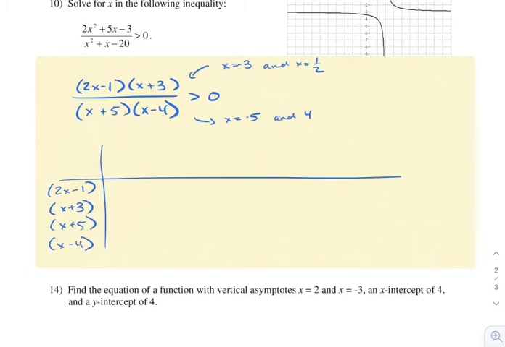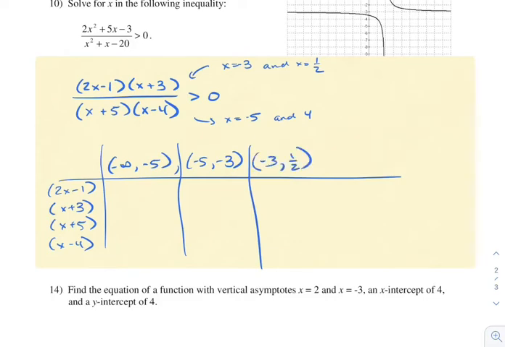So our interval chart's going to start from -infinity and come to the first number, which is -5. The next one starts at -5, goes to the next number, which is -3. Then -3 to the next number that comes, which is a half. Then a half to 4, and then 4 to infinity.